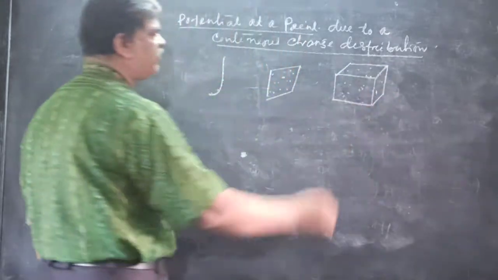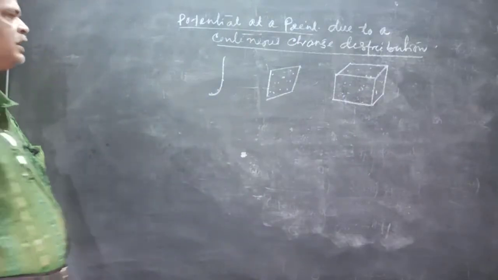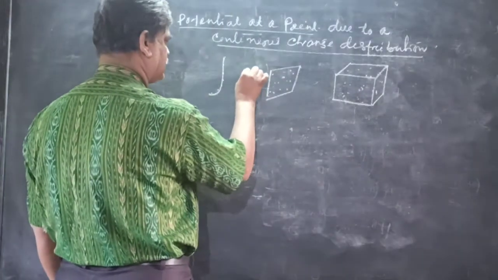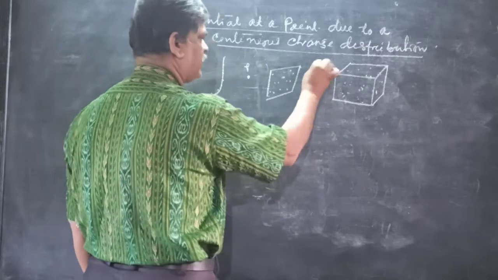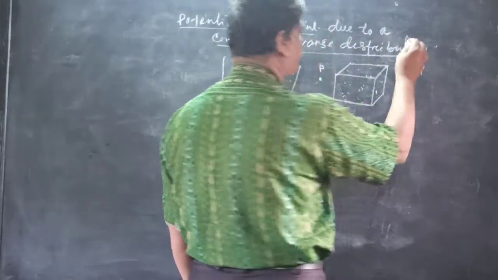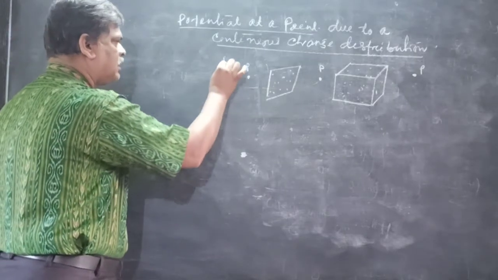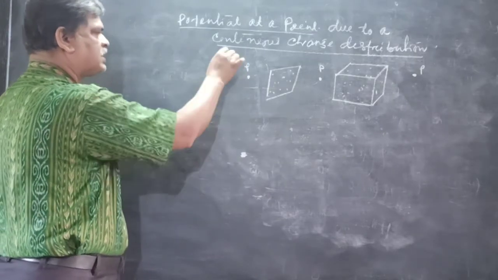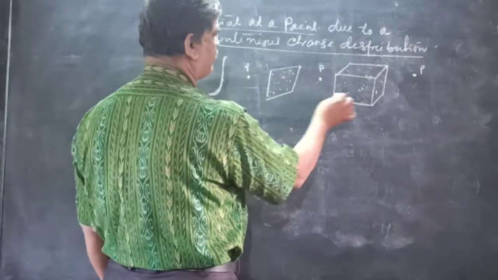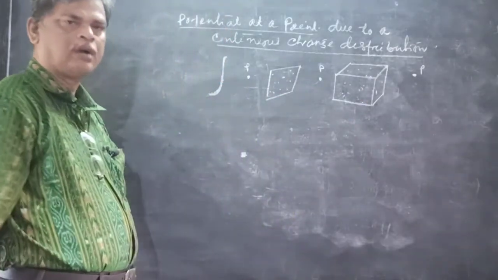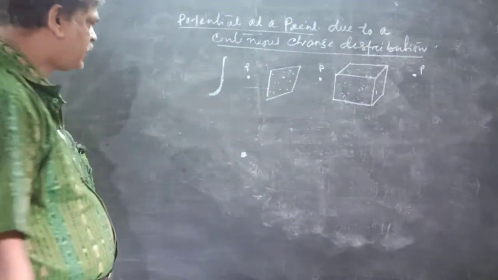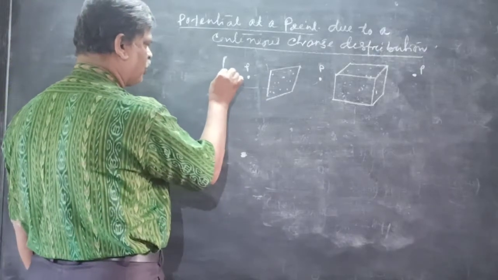So how can you find out the potential at a point? Suppose this is a point P. Then how can you find out the potential at point P due to this charge, the charge on this line, the charge throughout this surface, the charge throughout the volume? For that we consider a small element.